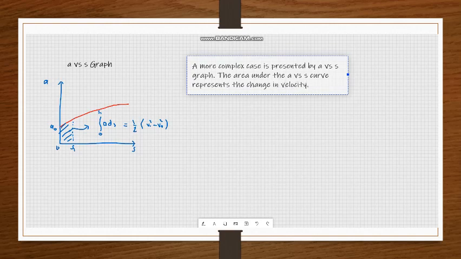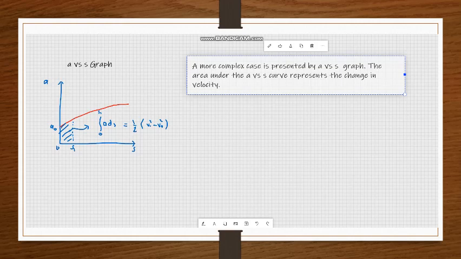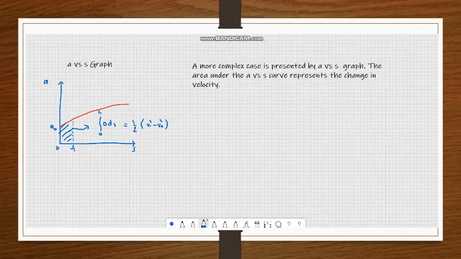But when we take the velocity, it is not pure velocity, it is not v1 minus v0, because we know from our first class that a ds, not dt, a ds is equal to the integral of v dv, right?